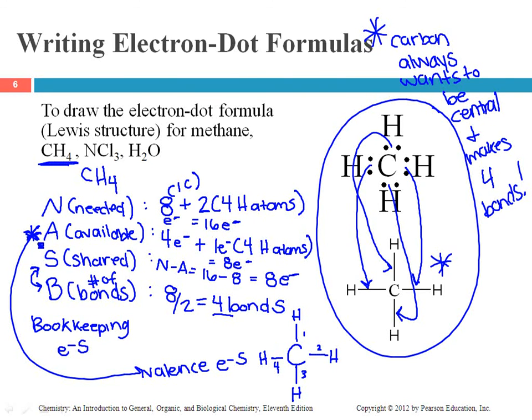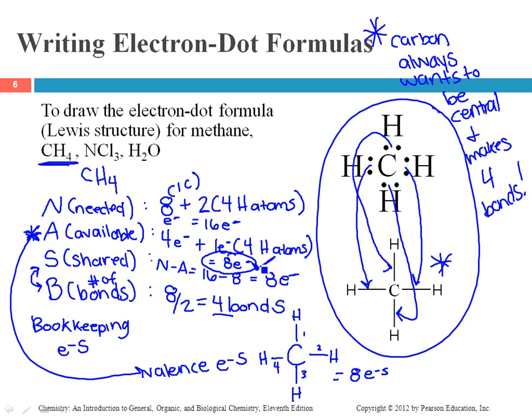Then we add up the electrons in our total molecule, and we need it to match the number of available electrons, which is 8. It looks like we've only got what's in our bonds, 2, 4, 6, and 8. So we have 8 electrons represented, and it equals our available electrons. So this is the correct formula.